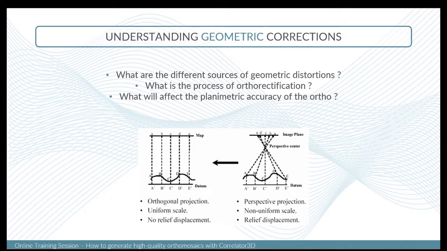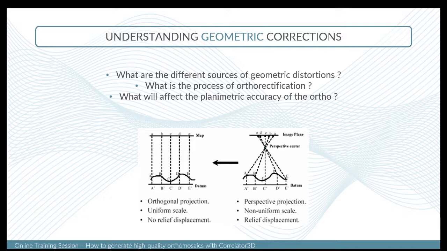Understanding the geometric correction is actually what is most important to understand about the orthorectification process. The thing is, as soon as you acquire an image from above, from space, there will necessarily be some deformation in the raw images because of the angle of acquisition, because of the lens that you have used in your sensor, and because of the topography there is.